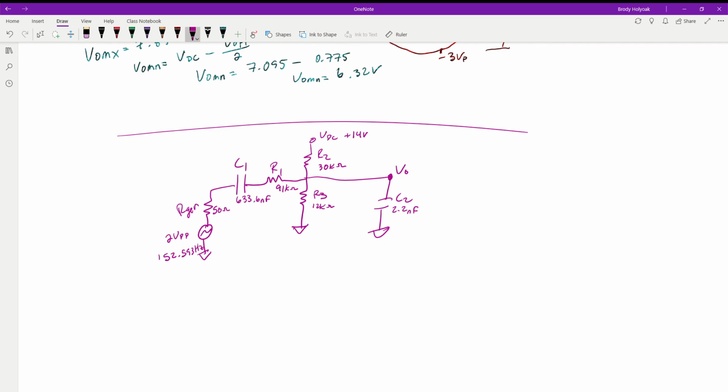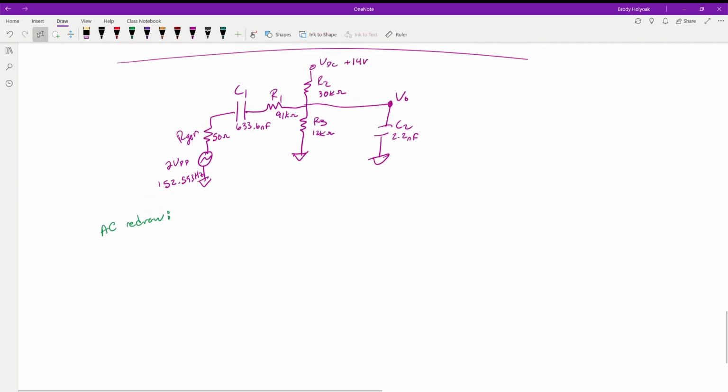All right, so let's go ahead and solve this. First off, I'm going to solve using the AC portion because, again, it doesn't matter what we do. We just need to solve for both of them. So we have our AC redraw. So we're going to have our generator. So Vgen, Rgen, and then we're going to go into the capacitor 1.